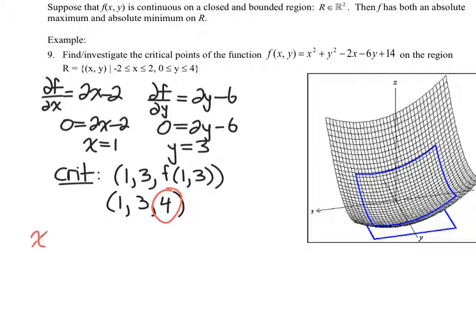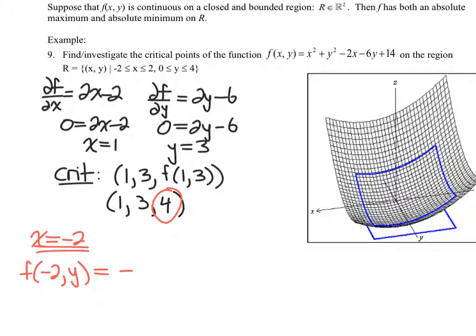So I'm going to look at x equals negative 2. I'm going to follow the path of x equals negative 2, which means I'm going to substitute in a negative 2 to the original function and see what that gives me.